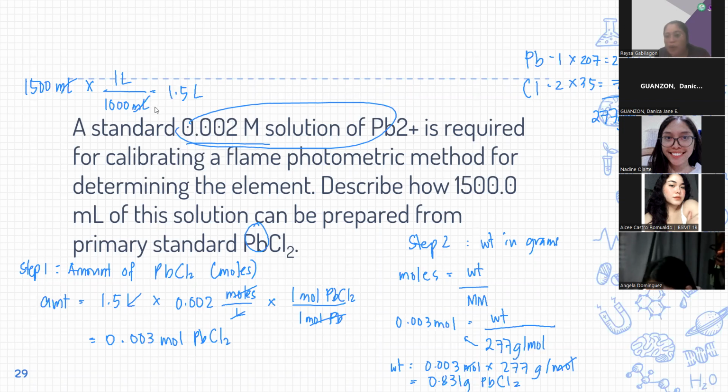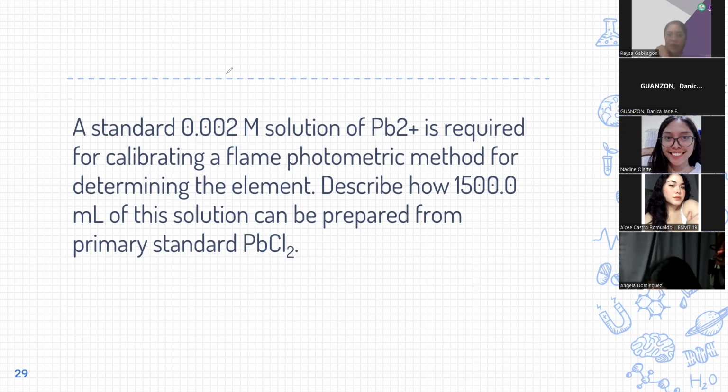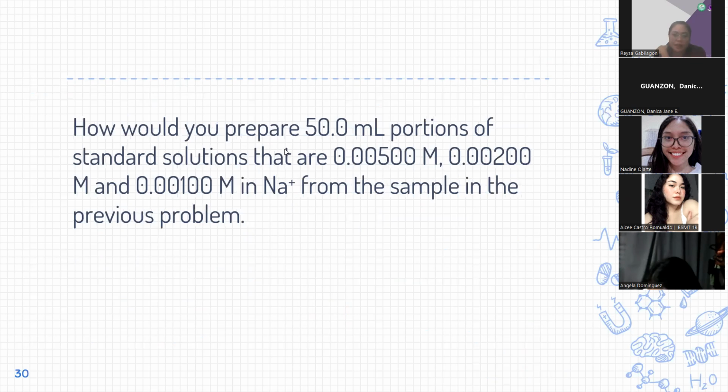Meron yan siyang 0.002 molar ng lead ion, which is ito yung hinahanap talaga natin in the problem. Okay? Questions for this one? I hope you followed class the steps here to compute. Again, gagamitin natin ito for the computation of the ions. So, dadaan muna tayo sa compound nila kasi wala nga tayong pure ions in the laboratory.